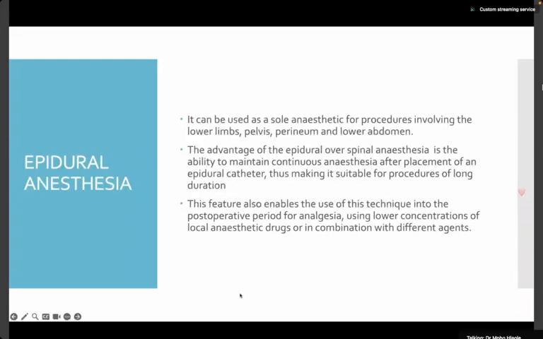I took quite a lot of time going through epidural anesthesia, because I think most of us do know quite a bit about spinal anesthesia, but epidural anesthesia is that kid that everyone is scared to talk about.